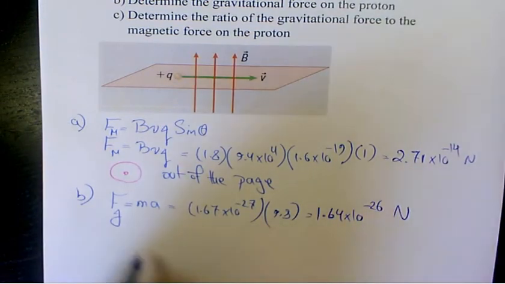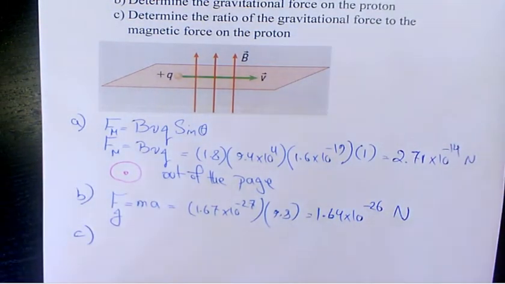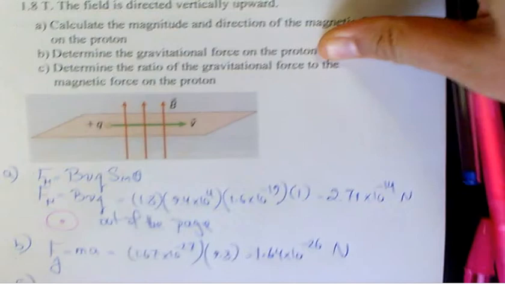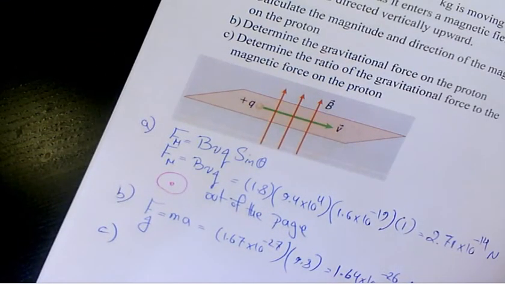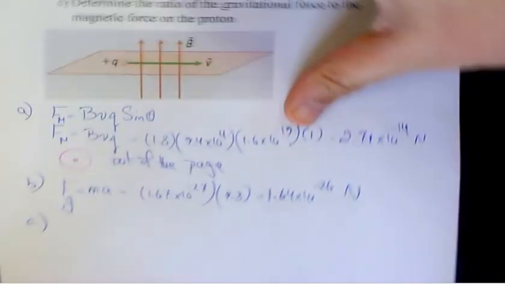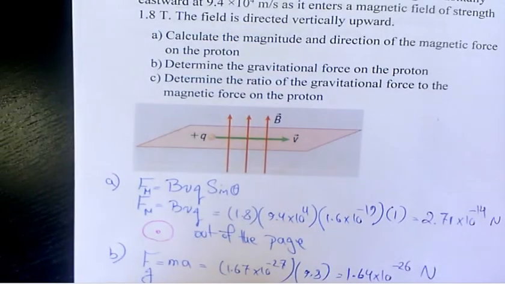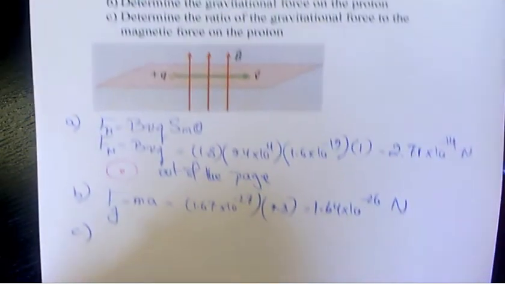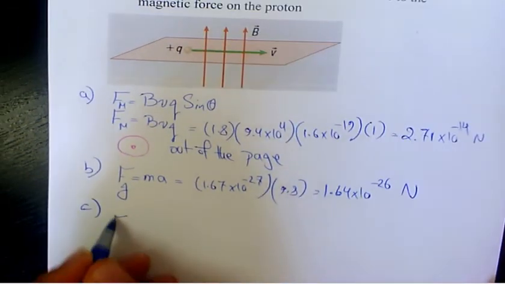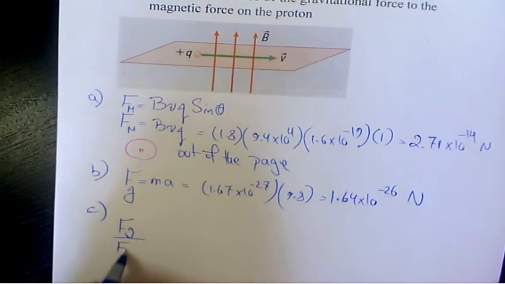And part C, it says determine the ratio of the gravitational force to the magnetic force on the proton. So it is going to be Fg over Fm.